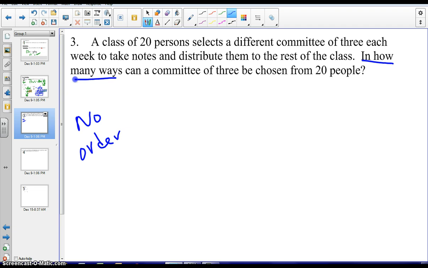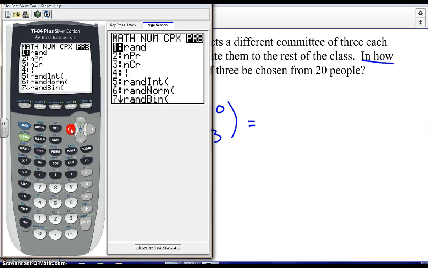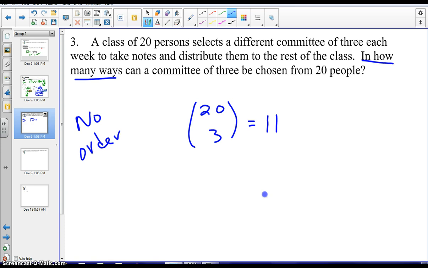If Tom was chosen first, as long as Tom's on that committee, the order doesn't matter whether he's chosen first or last. So we would do 20 choose 3, and again we can refer back to our calculator. 20, go to math, PRB, choose 3, and we get 1,140.